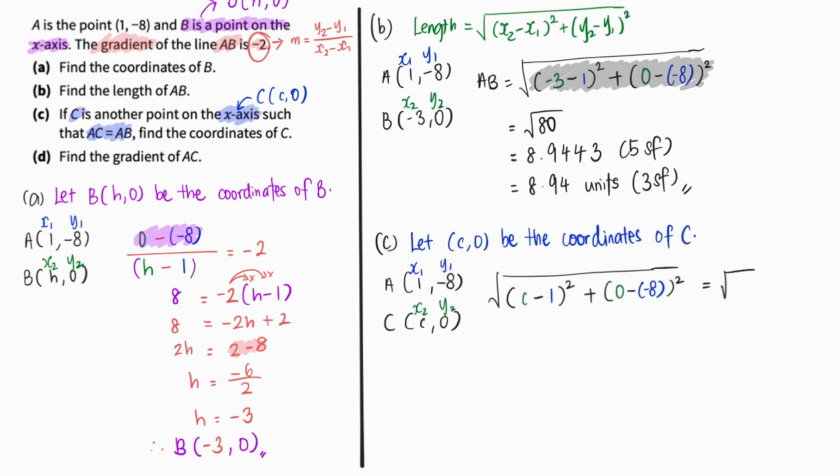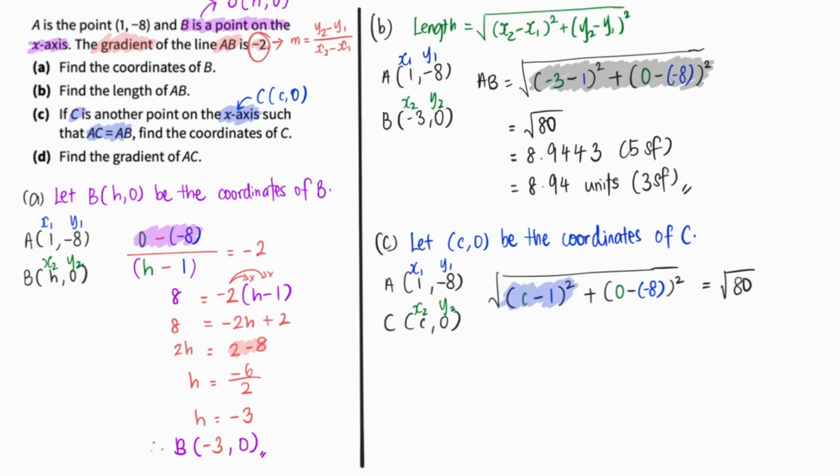AB is square root 80. Okay, notice Mr. Tan does not use the 3SF answer for this working. Rather, I use the more accurate answer, which is square root 80. And I am going to square both sides so that the next line we do not have any more square root. And I'm going to expand and simplify this.